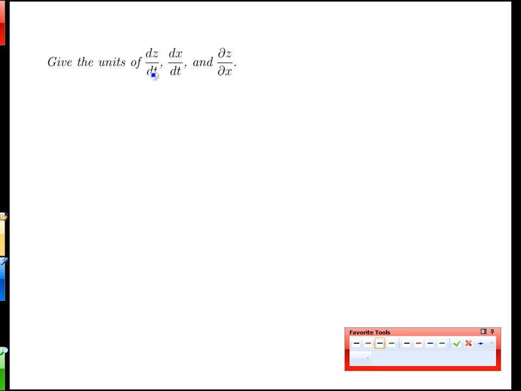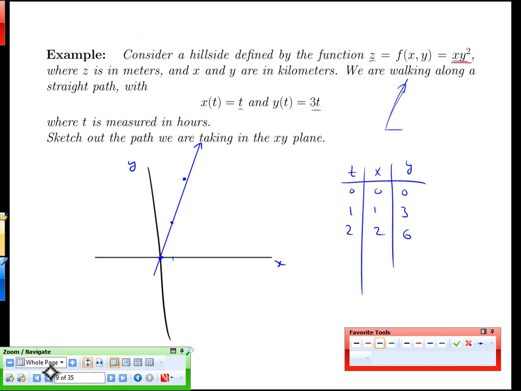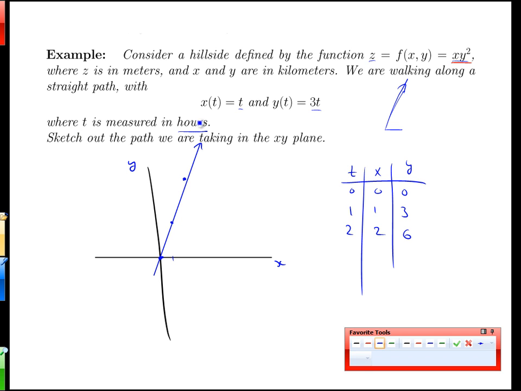Let's talk first about units to see how these things would be interpreted. And these derivative rules and the idea of identifying their units come straight from single variable calculus. Z is in meters. T is measured in hours.